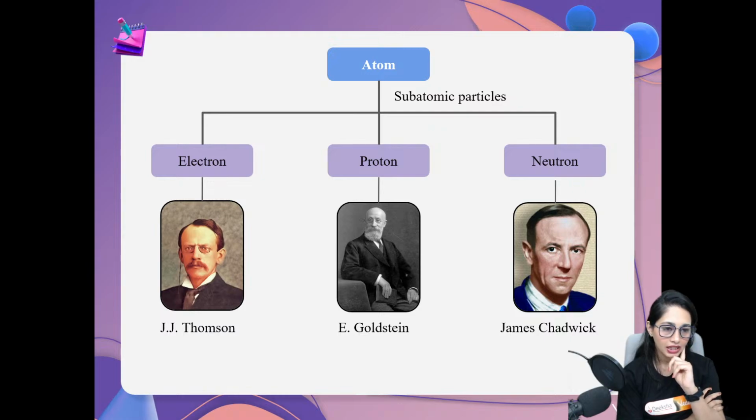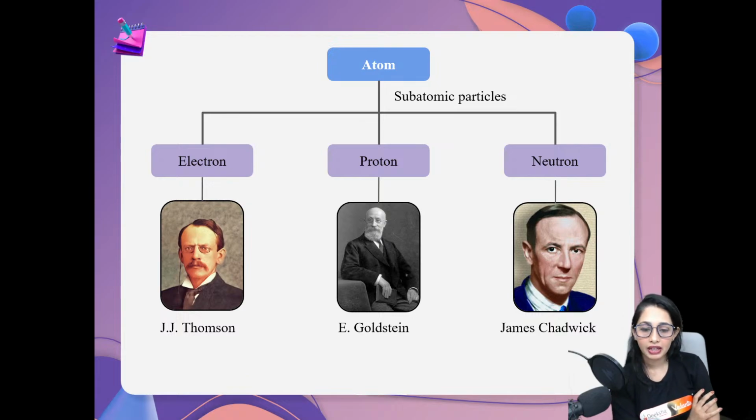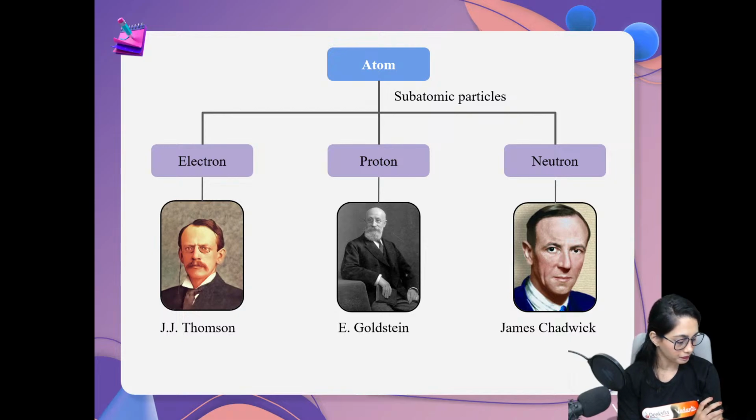In case of cathode rays, the nature of the rays is independent of the gas that is used, but the nature of anode rays is dependent on the nature of the gas present in the discharge tube. Electron was discovered by J.J. Thomson. Proton was discovered by Goldstein. Neutron was discovered by James Chadwick.